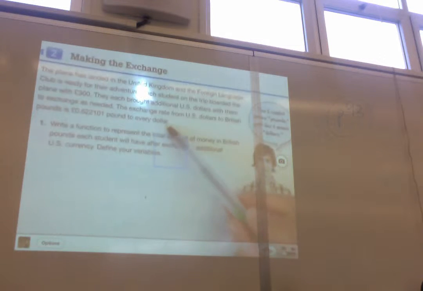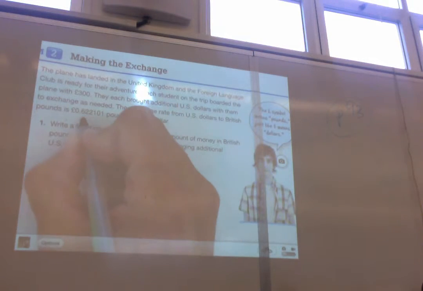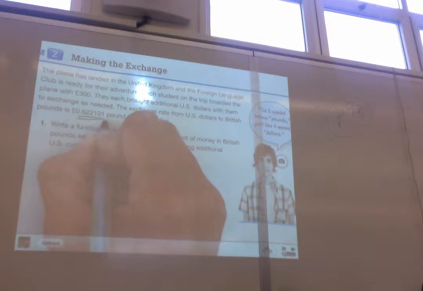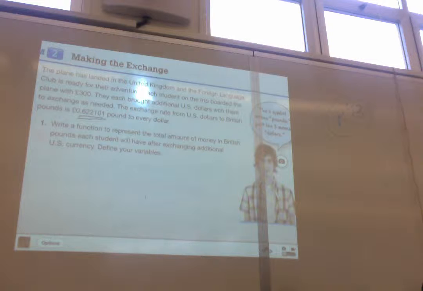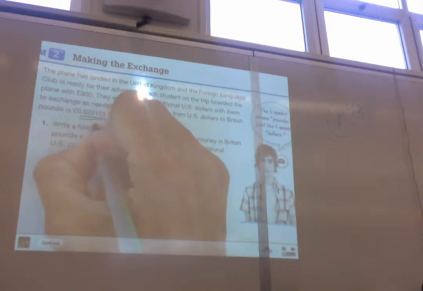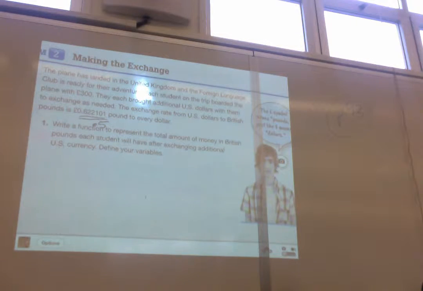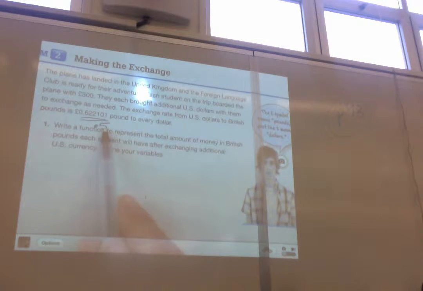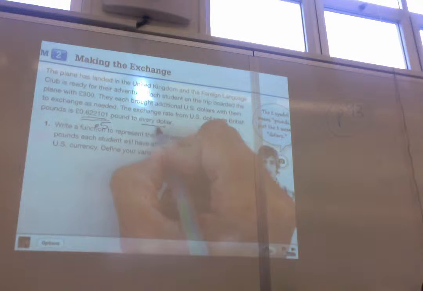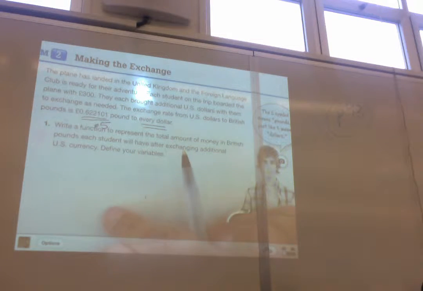So at the time that this book was written, take a look at 0.6. Just in your head, one easy reference is 0.6 is close to 0.5. So you're getting a half a pound for every dollar. That was a while ago.